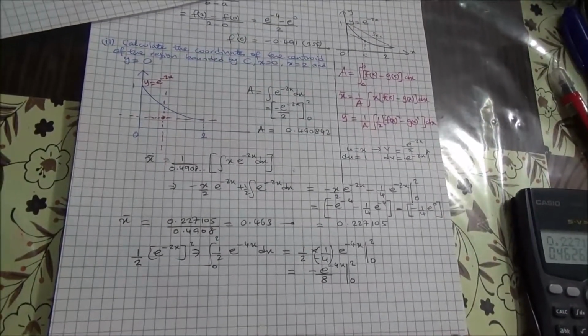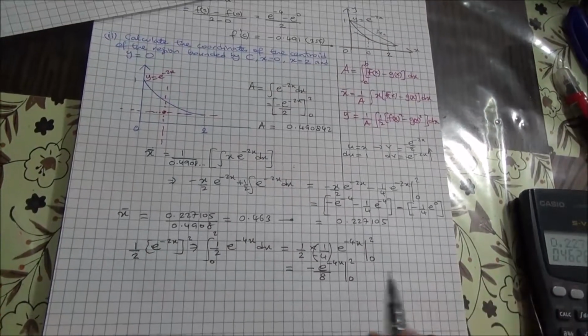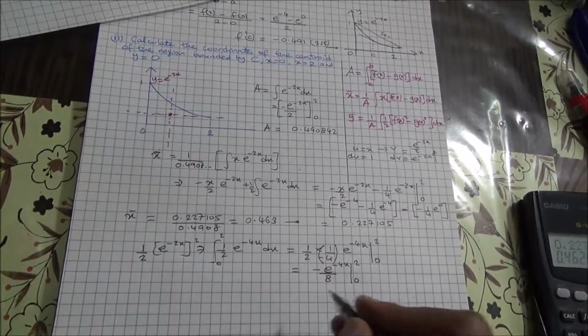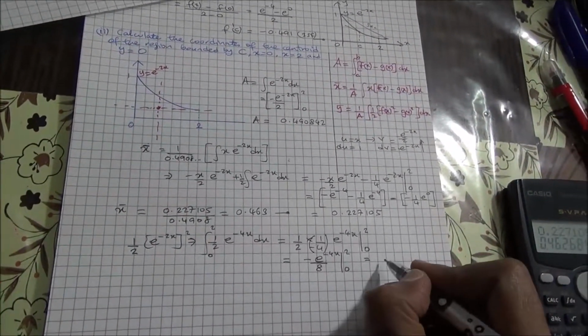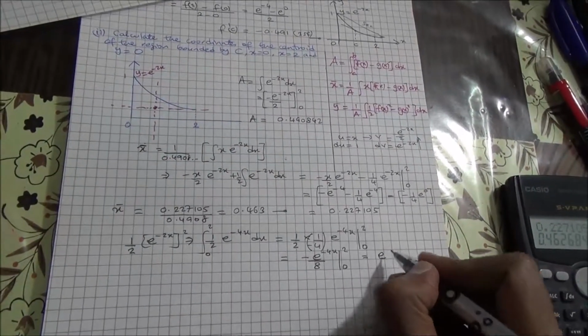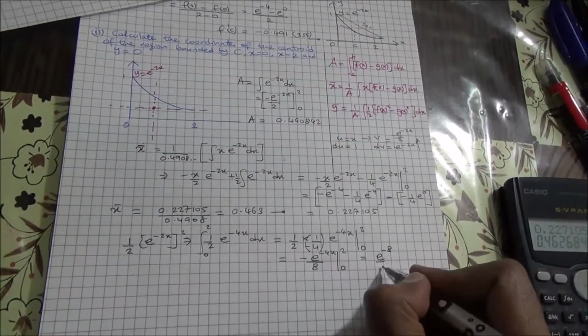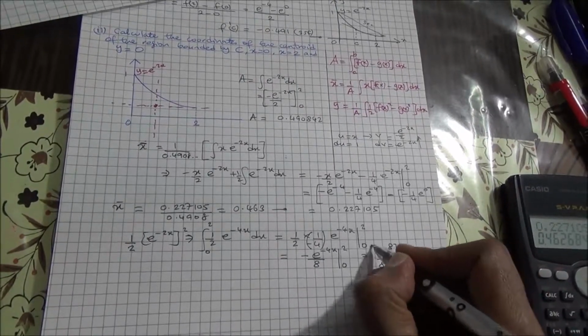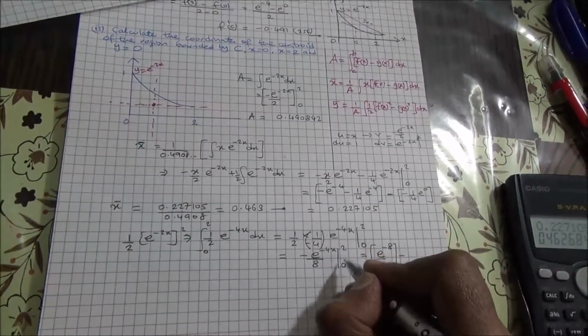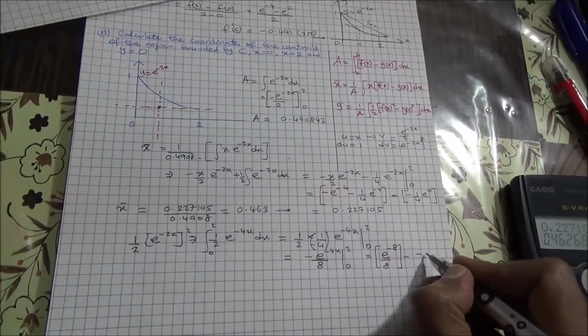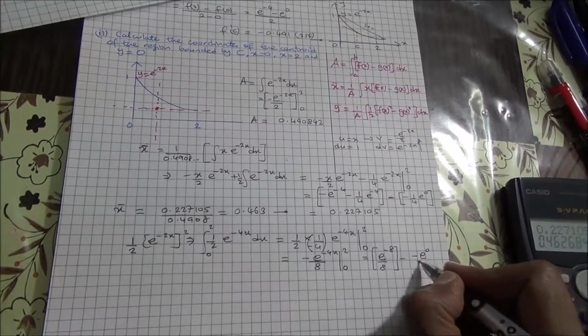So let us substitute the limits, and if we do that, you're going to put 2 here. That's going to become e to the power minus 8 divided by 8, the upper limit, minus the lower limit. If you put 0 in here, you're going to get minus e to the power of 0 over 8.